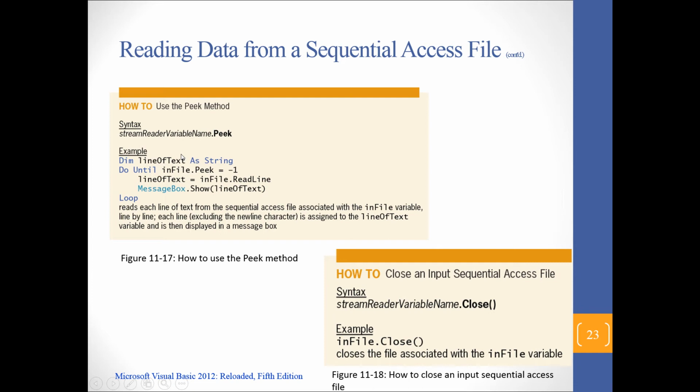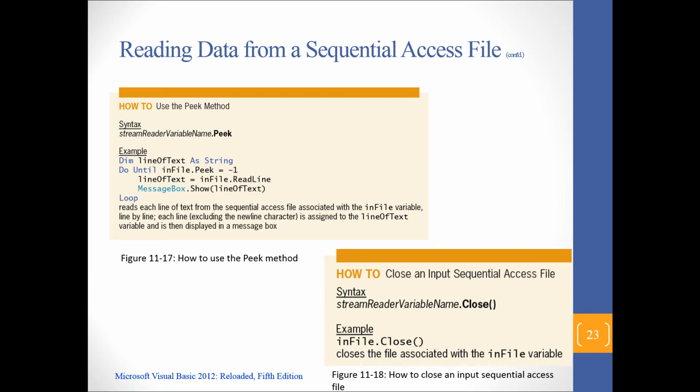So here's an example of how you can read a file until you reach the end of that file. And you will use a loop to do that. You can use the Do Until or the Do While, or just the While is completely fine. And you want to check that the inFile.Peek method is equal to -1.